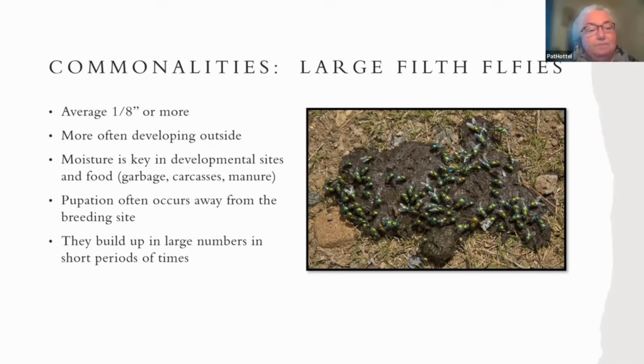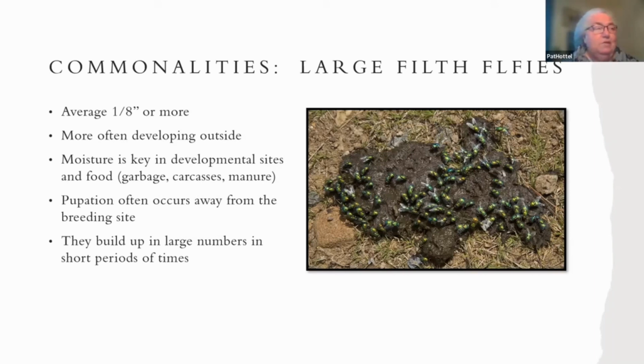because of that reason. They too, like the small flies, moisture is going to be key in developing. We'll see garbage, carcass, and manure. And as I go through the different flies, they'll be fairly common that they can develop in all three of those sources. Pupation, just like the small flies, can occur away and will occur away from the developmental site. It's a really moist developmental site.